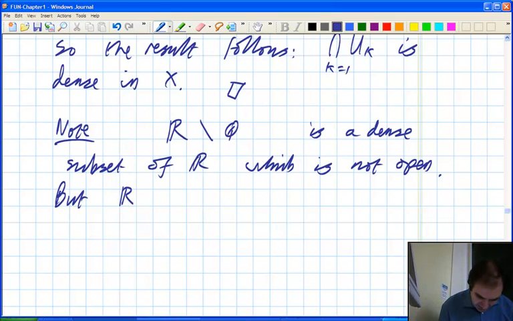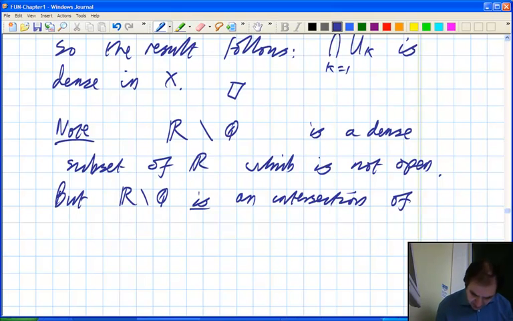R take away Q is an intersection of a sequence, countably many, of dense open subsets of R.